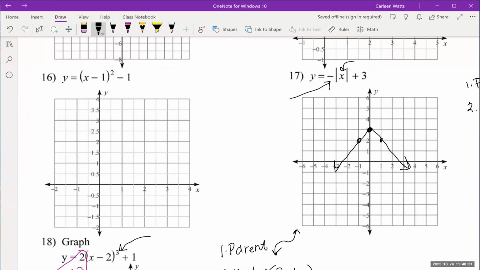Okay, parent graph. Exponent of 2 makes the U, and this one is a happy U. Okay, the vertex. Ding, ding, ding. Opposite, same.